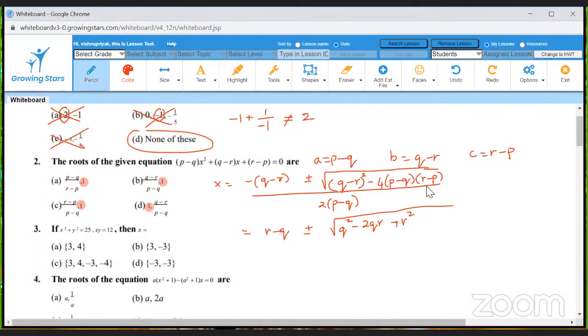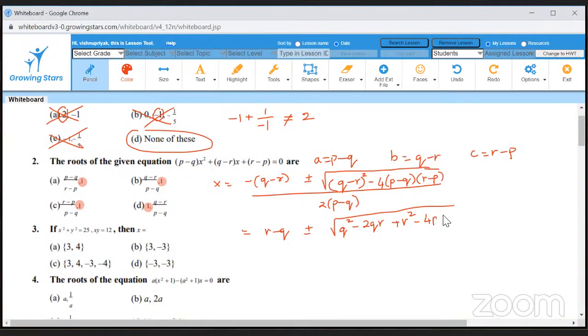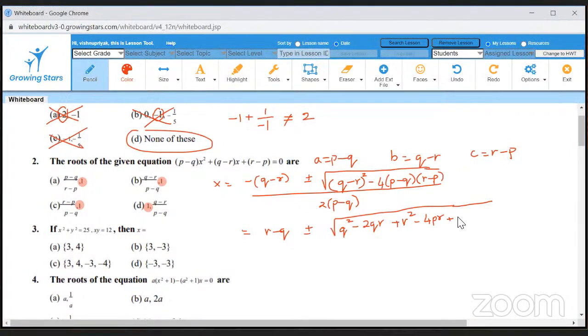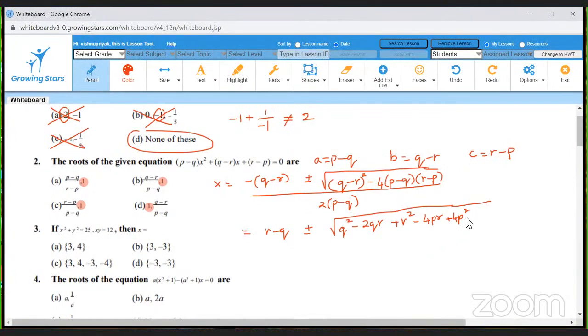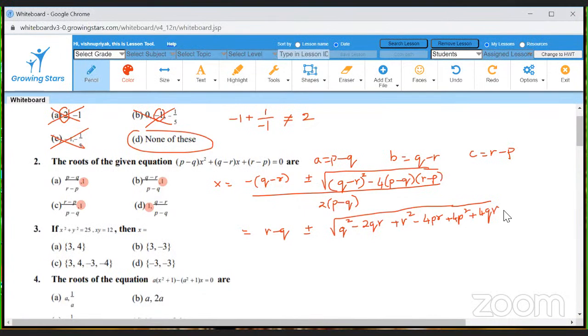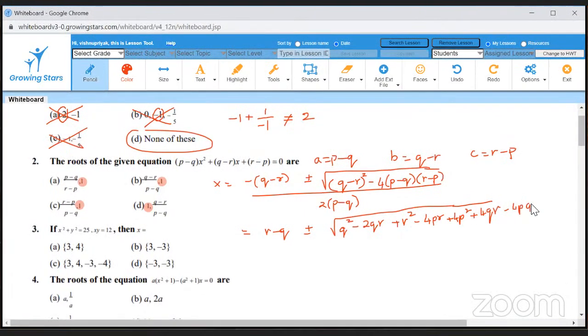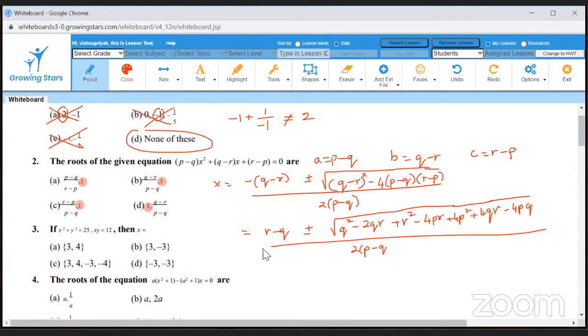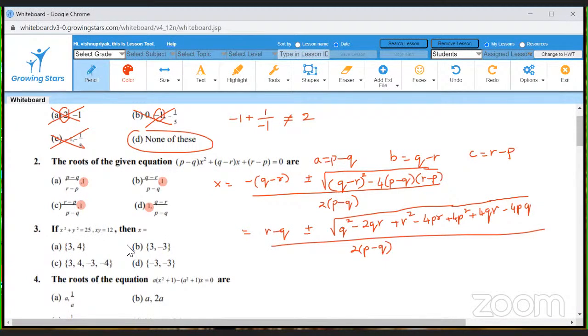Then I will multiply: PR is multiplied by -4, minus P square is multiplied by -4, minus QR is multiplied by -4, PQ is multiplied by -4. This is what I have. Denominator, I will keep the same. Of course, this long method is difficult.